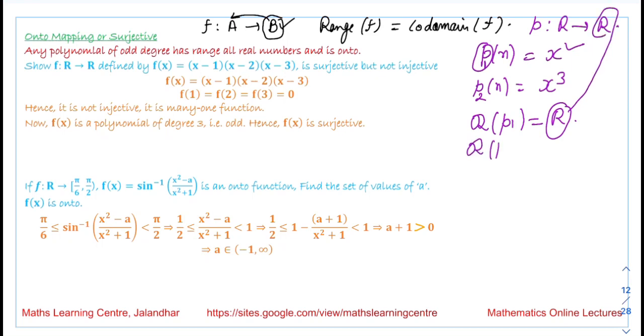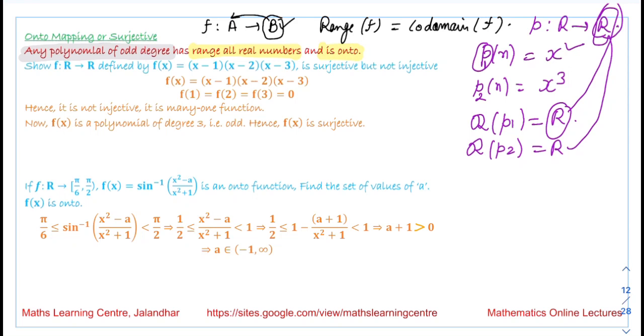Similarly the range of the function p2 is R, which is the codomain of this function. So what we get from here is the result that any polynomial function of odd degree has the range as the real numbers, so it is always an onto function.